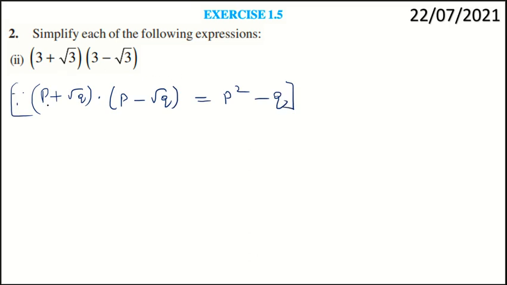Here p is 3 and root q is root 3. So this comes from x plus y into x minus y, simple same identity. So the ultimate answer is 3 square minus 3, which is nothing but 9 minus 3, 6 is the answer. Then moving on to the third question.